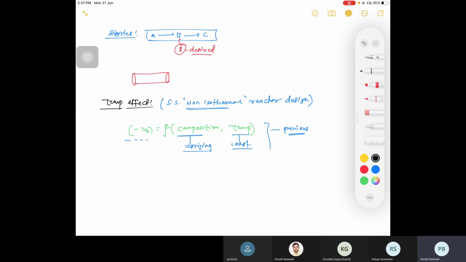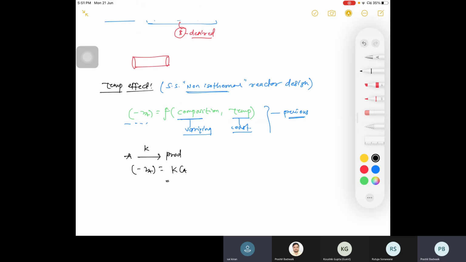So what will happen with the temperature impact? Anyone has any idea? Or at least guess what I will do here. You have a reaction A giving you product with rate constant K. So what did we write? Minus RA is equal to K into C. The next step was: minus RA is equal to minus dCA by dt.